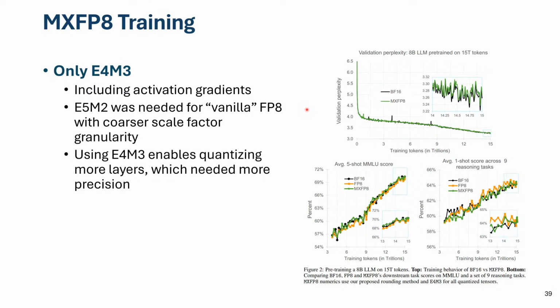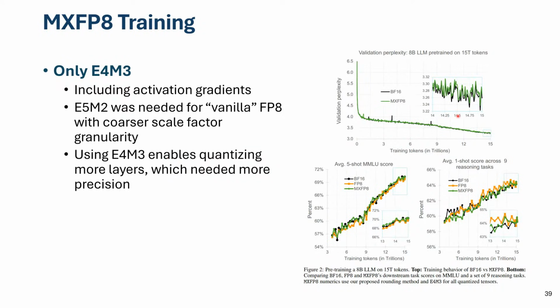But also some tensors needed 3 bits of mantissa precision. So those tensors were just left in high precision if they needed both dynamic range and higher precision, because FP8 could not do that. But with MX FP8 formats now, since we can have scale factors at fine granularity, they take care of the cases that needed wider dynamic range and mantissas. So again, that makes training much simpler.